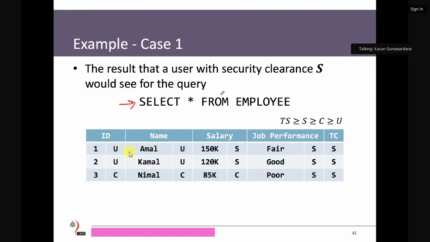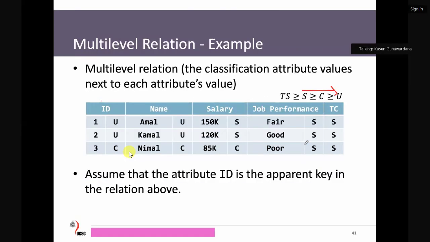However, let's say a user with clearance level C, confidential, is now attempting to issue this SQL query and extract data. In that case, that user will not see all the data which was in the original table as secret.